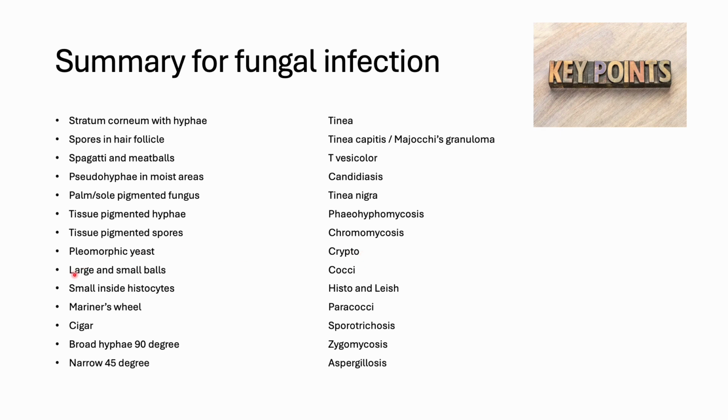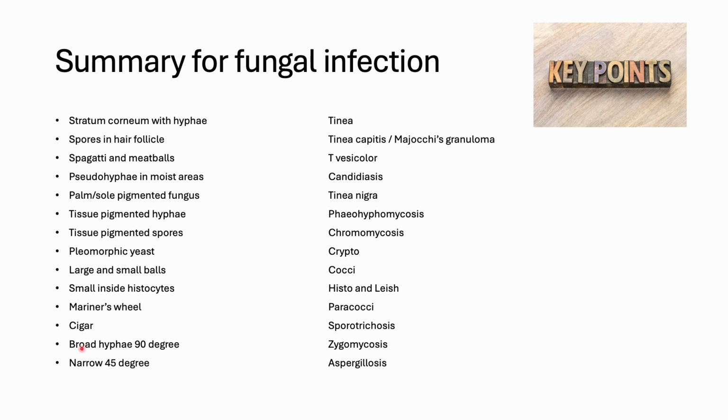If you see small balls inside of a large bag, you should think cocci. If you see small microorganisms inside the histiocytes, the top two things should be histo and leishmaniasis. If you see the mariner's wheel, you should think paracocci. If you see cigar shape, you should think sporotrichosis.